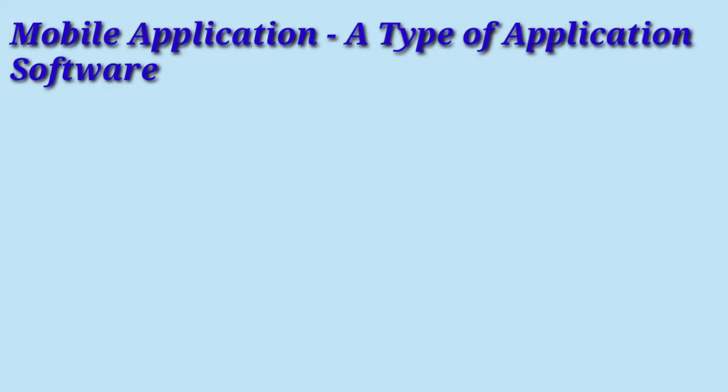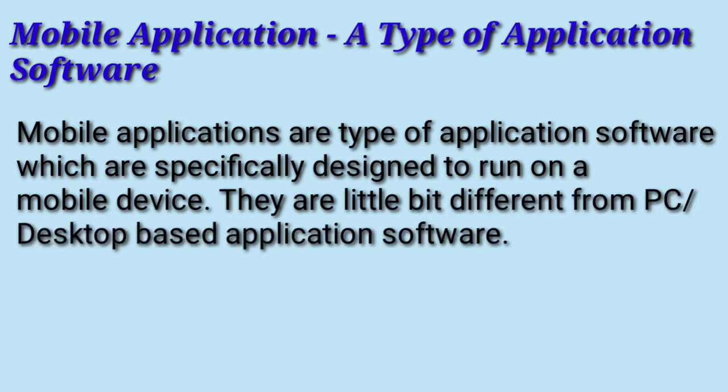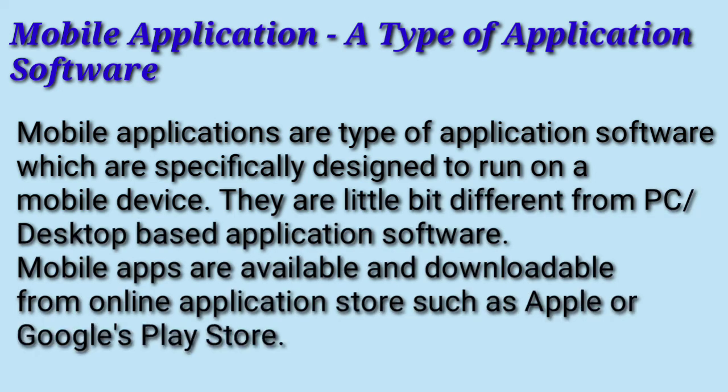All right. Now students, as we have learned about different kinds of application software, the last application software I want to discuss is the mobile application, which you must have heard about. It is also a type of application software specifically designed to run on mobile devices. Like other application software, mobile applications serve a specific purpose, and they are a little different from personal computer or desktop based application software.